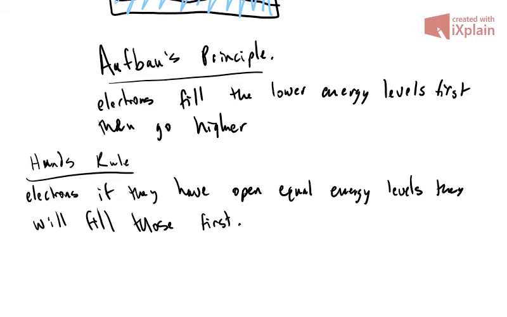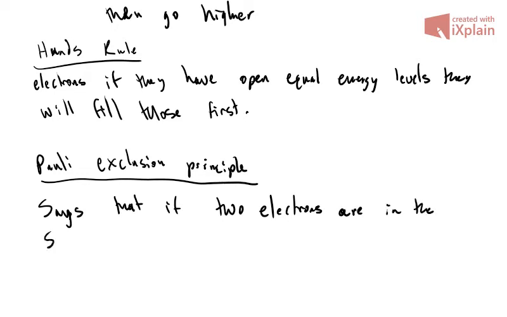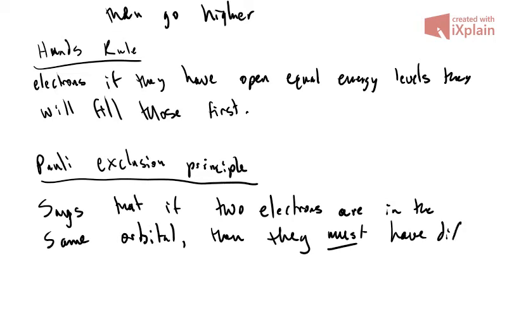And the Pauli exclusion principle says that if two electrons are in the same orbital, then they must have different spins.